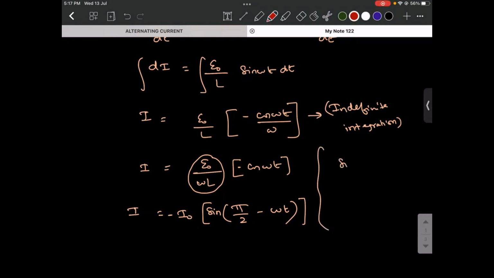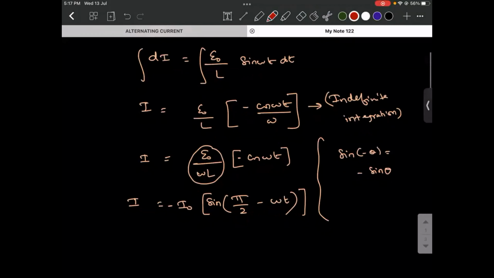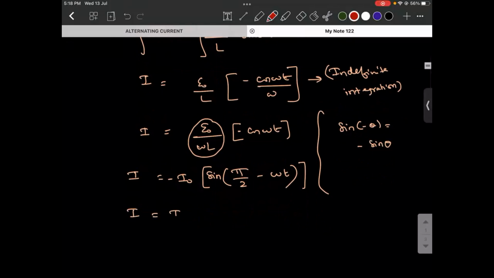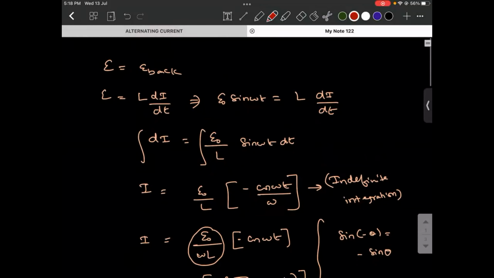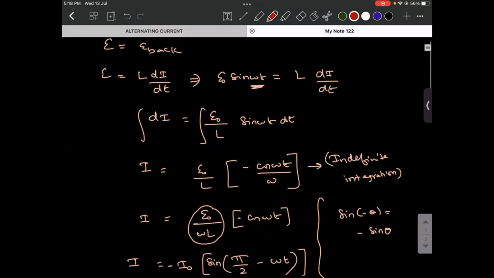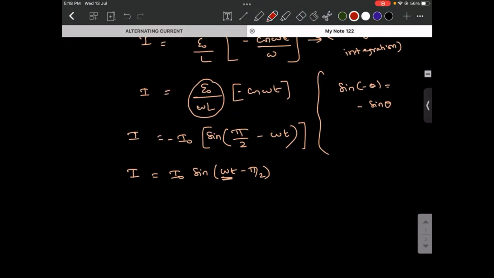The properties of trigonometry say sine of minus theta is minus sine theta. Is that right? So when I push this minus sign inside, I will be equal to I naught into sine of omega t minus pi by 2. So I have still maintained the omega t parameter to be the same as that of the input value. As a result of which, what can you conclude from this?